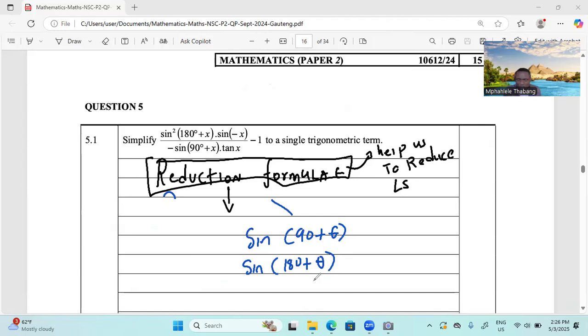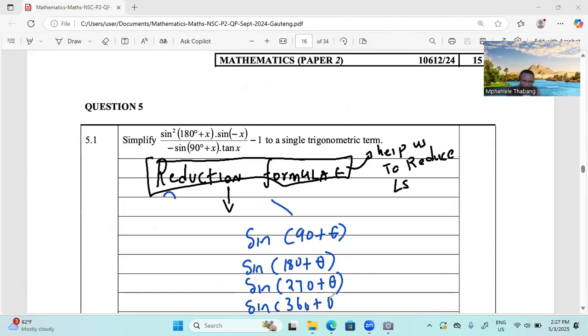We can solve sine 180 plus theta using reduction formula. Let's say we have sine 270 plus theta. Also, you go for reduction formula if you have sine 360 plus theta.